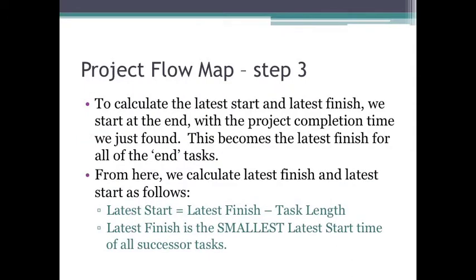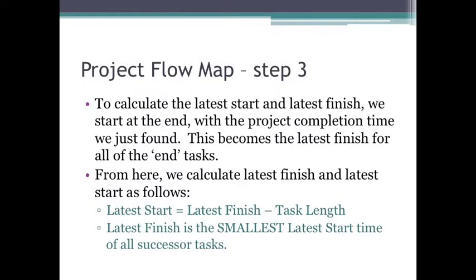So, to calculate the latest start and latest finish for each task, we start at the end, where we have the project completion time that we just found, that 13 weeks. This becomes the latest finish for all of the end tasks because nothing's waiting on them. Once all of those are done, the project's done. And from there, we calculate the latest finish and latest start as follows.